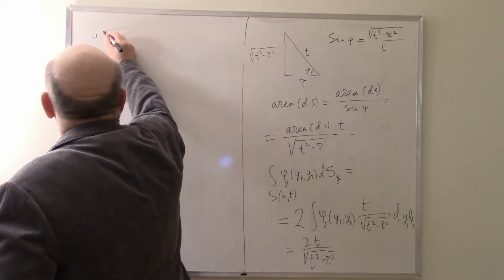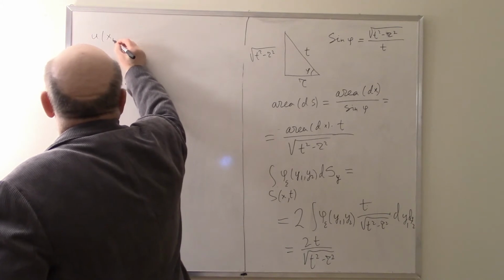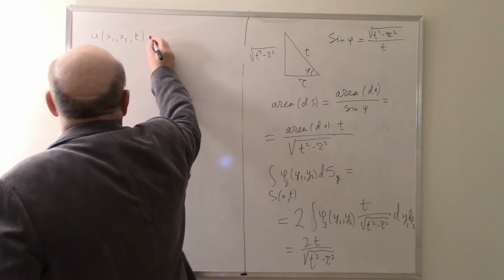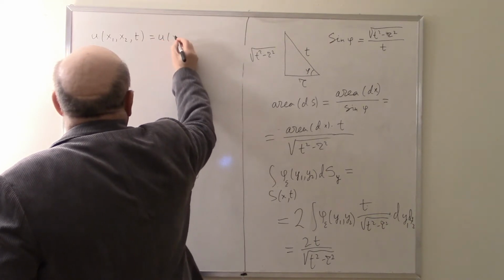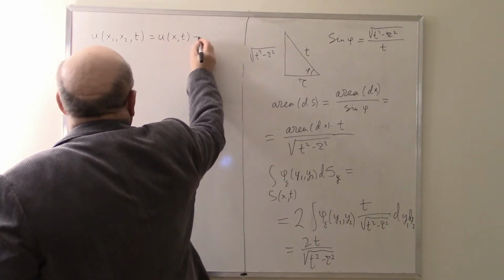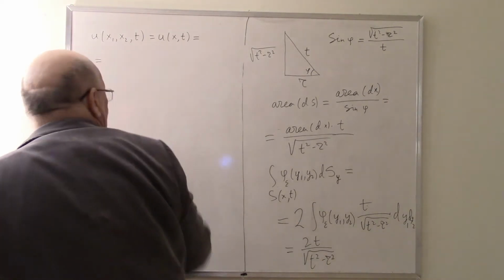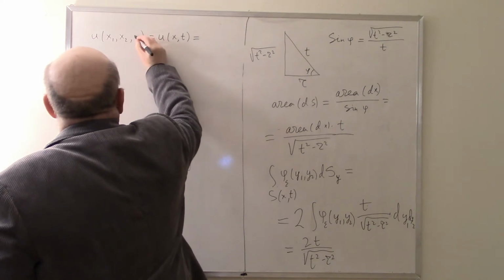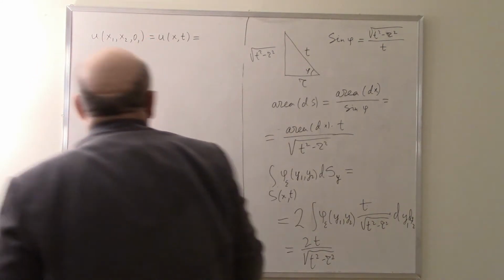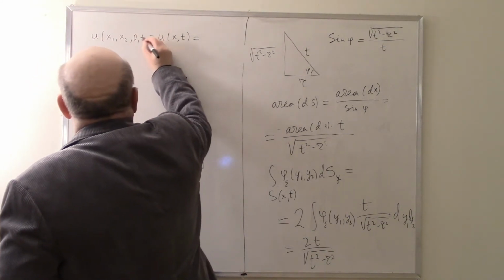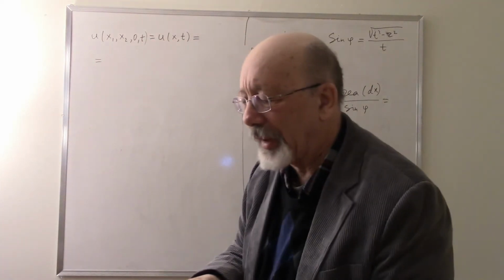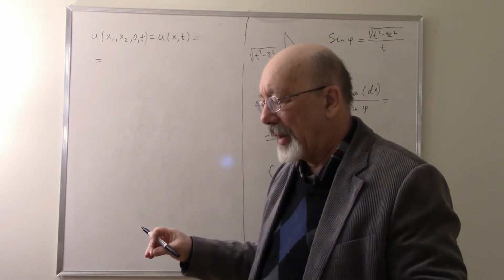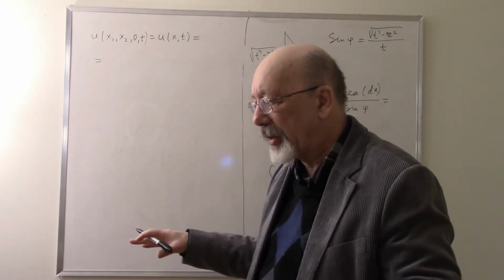U of x1, x2, t equals u of x, t equals u of x1, x2, 0, t, because we are in the three-dimensional case, but the point stays, say, on the plane x1 x2.